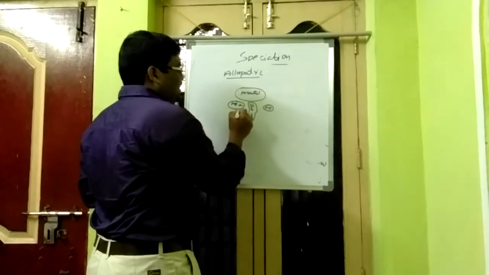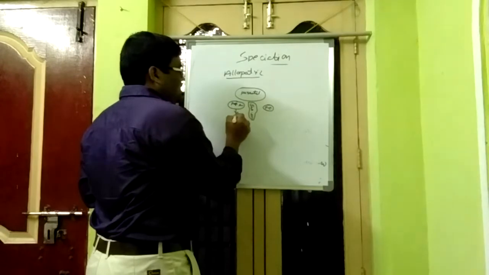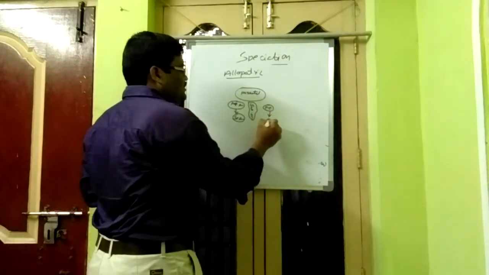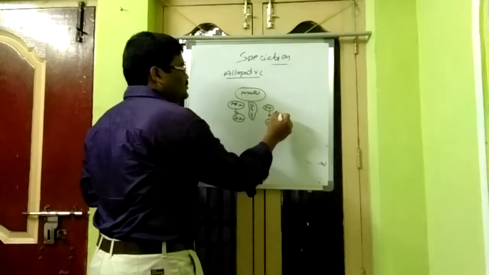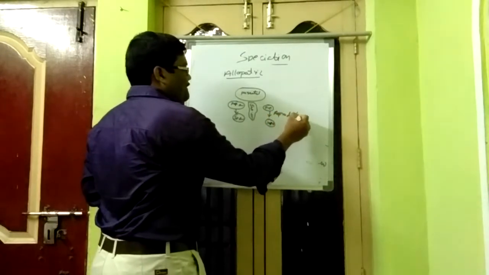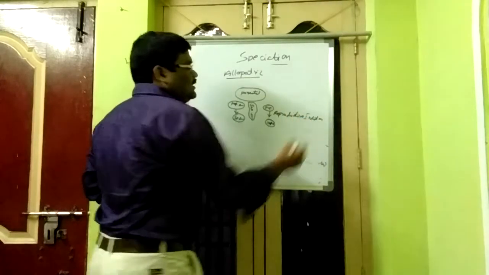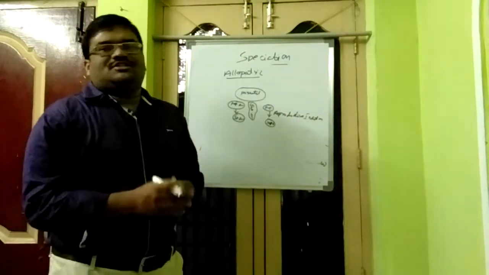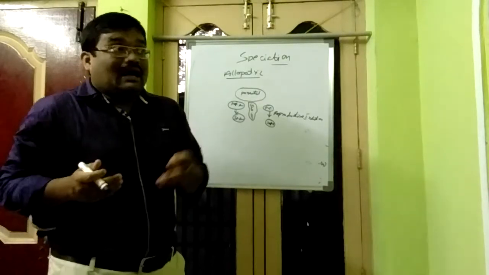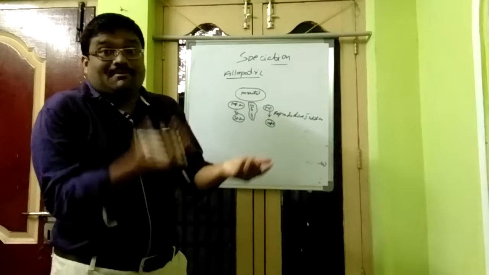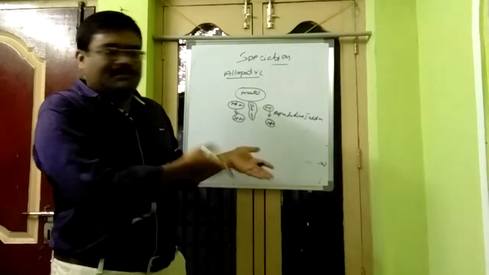And population A gradually evolves into species A and population B into species B. Why? Because there is reproductive isolation. Their gene pool is distinct. They are not allowing other genes to enter. There is no interbreeding, though they are capable. Of course, here there is a geographical barrier.